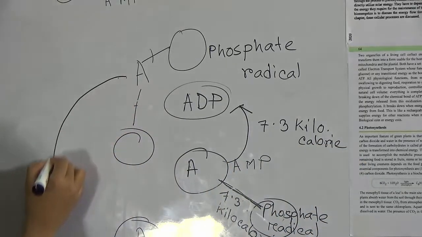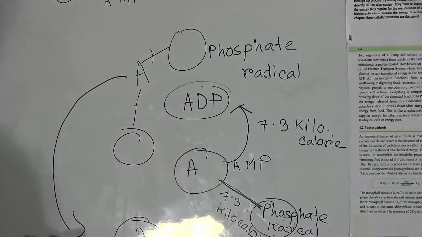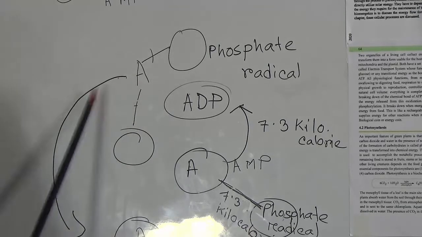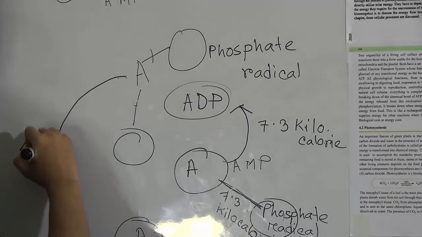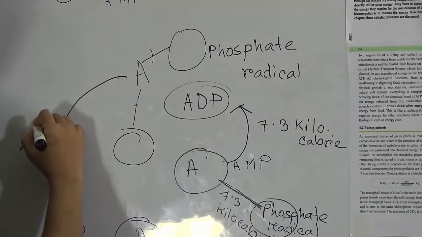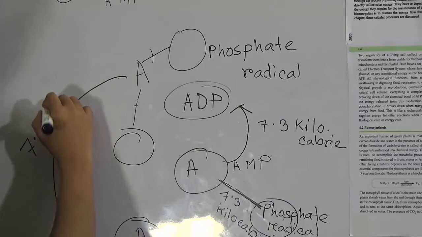And when we want to go from adenosine diphosphate to adenosine triphosphate, we have to give 7.3 kilocalories.